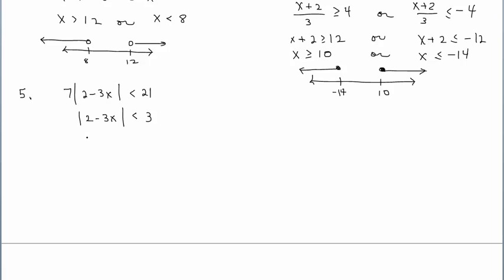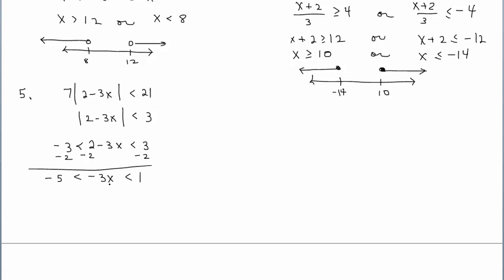Less than means we're going to place 2 minus 3x in between 3 and negative 3. All right, let's subtract a 2. Negative 5 less than negative 3x less than 1.